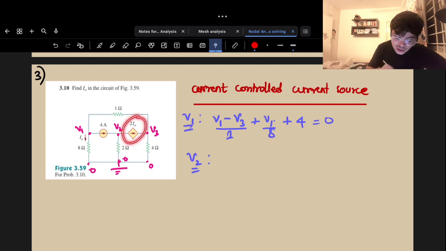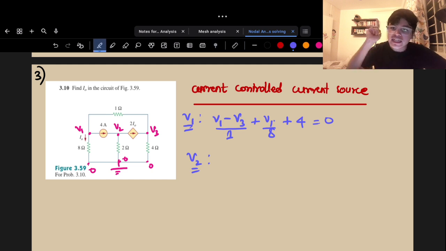Whenever you have a dependent source with some equation, there is a gain and a varying parameter. So instantly write the equation for that parameter. What is my I naught exactly? I naught is simply (V1 minus 0) by 8, that is V1 by 8, right?